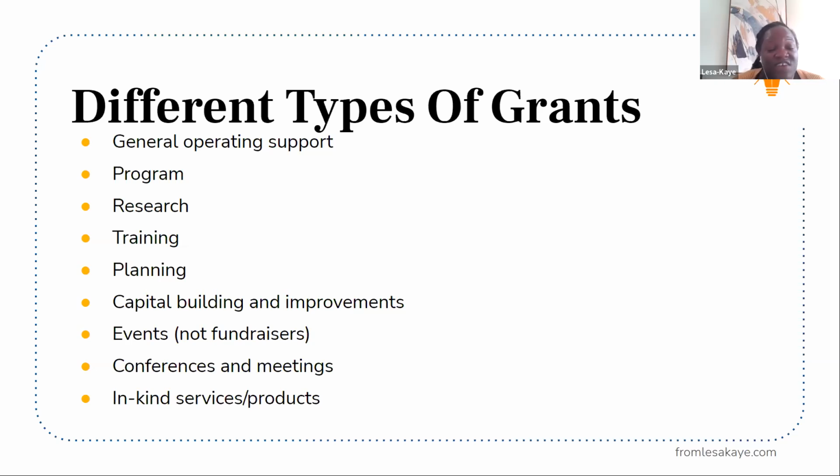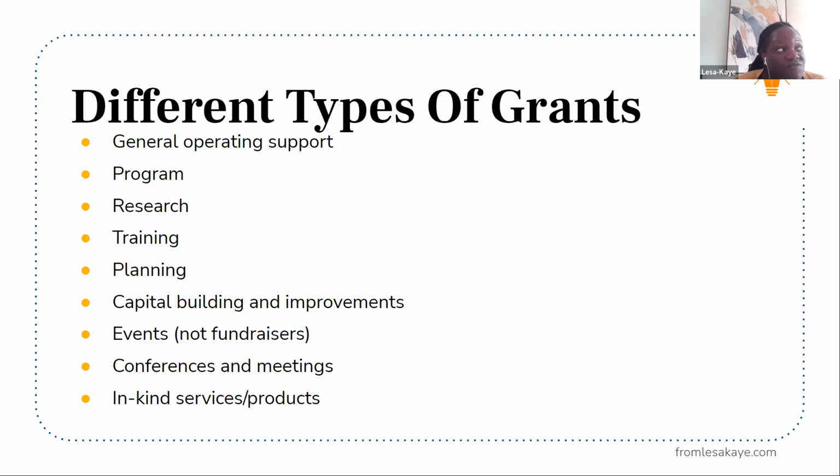There are grants for events, not events that are fundraisers, but if it is a health education event, for example, if it is an event to educate individuals or to screen individuals, say for COVID or for any kind of health condition. So there are grants that do support events, not fundraising events, but anything related to education or health screenings. Those are the types of grants that fund events.